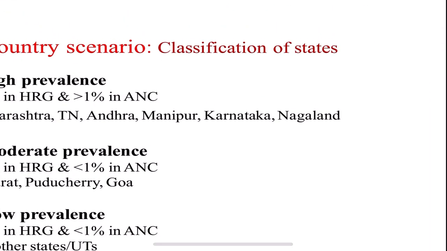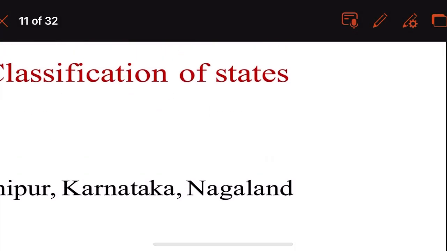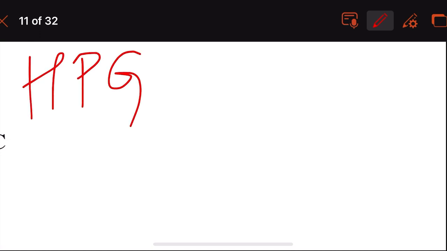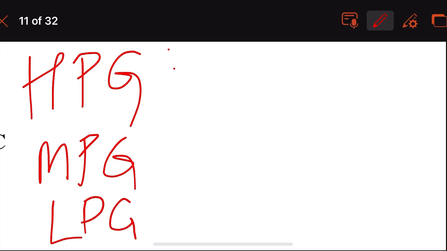Simple, guys. Let us just summarize. The first group was the high prevalence group, the second the moderate prevalence group, and the third the low prevalence group.